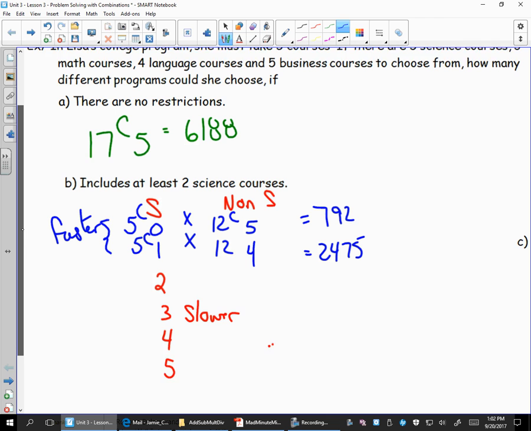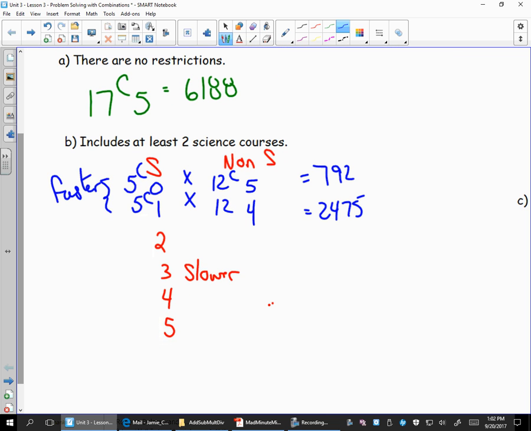Now that's not our answer because our question asks us to figure out at least 2. So if I take my total, which is the no restrictions, and I say less than 2, I'm left with at least 2.